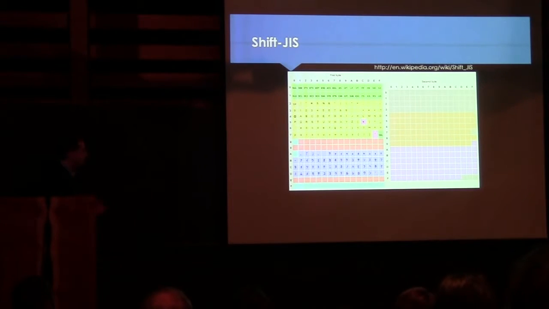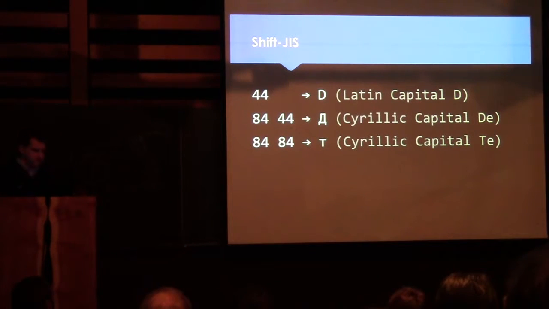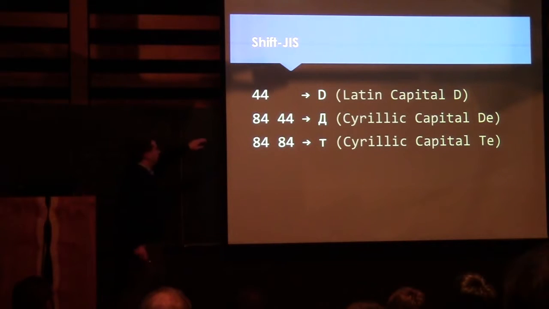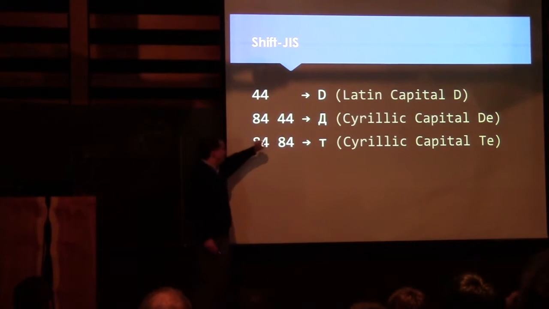There's one big problem with this, and that is that there's overlap. For example, here are the encodings for 3 letters. It includes both Latin and Cyrillic letters. The letter D is encoded as the hexadecimal value 44, which is the same as ASCII. To represent this Cyrillic letter, it starts with an 84 byte, and then the next byte will be a 44.